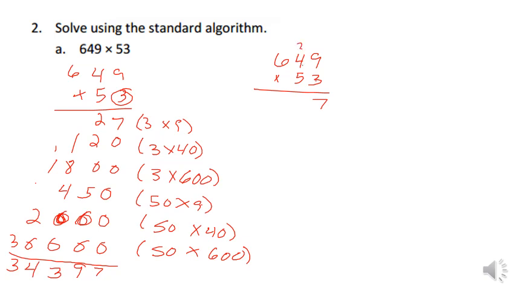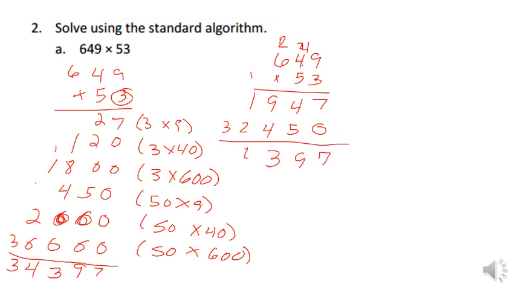3 times 9 is 27. Here are 2. 3 times 4 is 12, and 2 is 14. Here are 1. 6 and 3 is 18, and 1 is 19. So we have 1947. We're going to put our 0 in there, and 5 times 9 is 45. 5 times 4 is 20, and 4 is 24. 6 times 5 is 30, and 2 is 32.